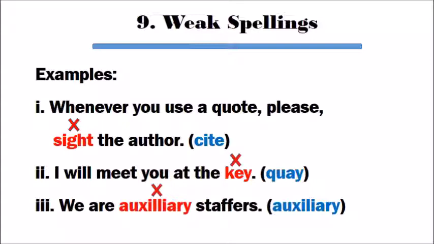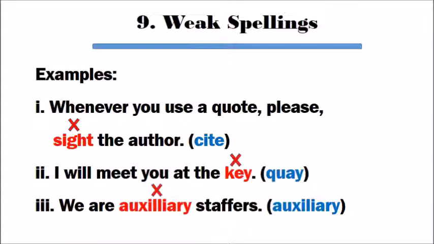Whenever you use a quote, please cite the author. So which of the sites will I use? I know about SIGHT, that has to do with the eyes. I know about SITE, that has to do with an environment where something takes place, particularly construction and buildings.